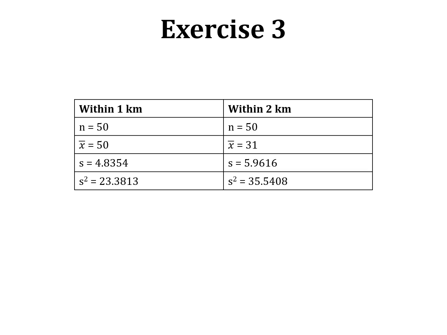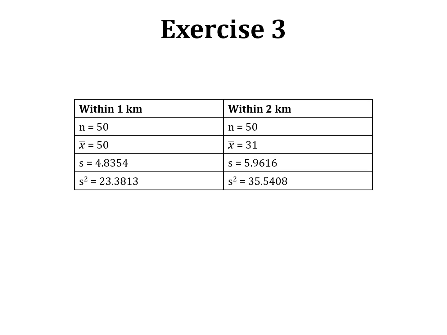The mean hearing loss is 50 decibels for individuals living within 1 kilometer radius of the site of explosion, and 31 decibels for individuals living within 1 to 2 kilometers of the site of explosion. The standard deviation is 4.8354 decibels for individuals living within 1 kilometer and 5.9616 decibels for individuals living within 1 to 2 kilometers radius.